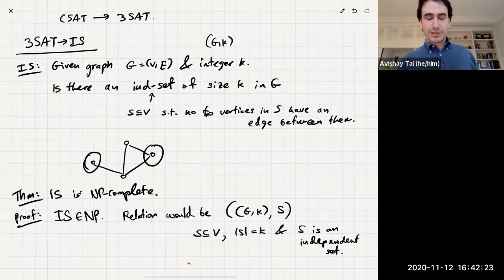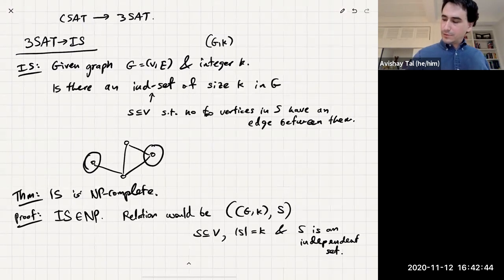There's a short witness that can be efficiently verified, this subset S, that can prove to us that a graph has an independent set of size k. All right, so that's just to make sure that we are on the same page and that this problem is in NP.